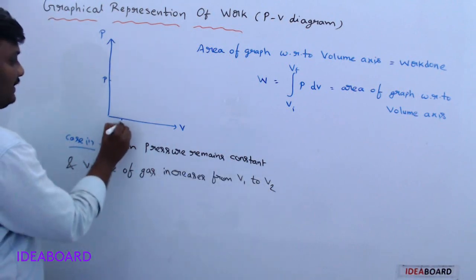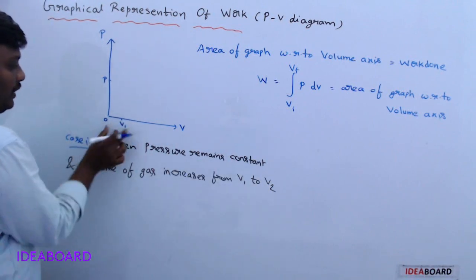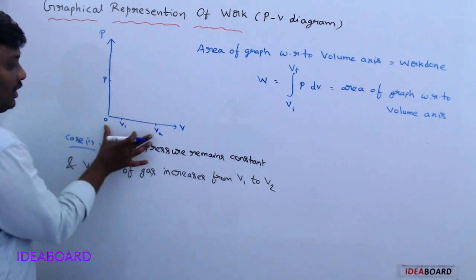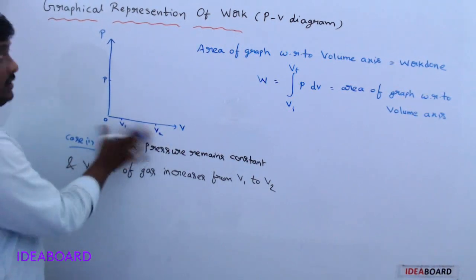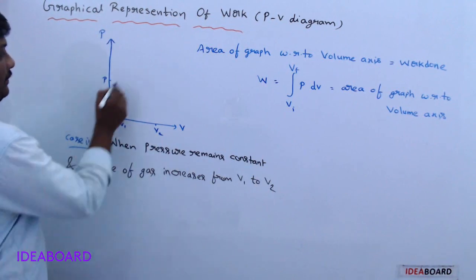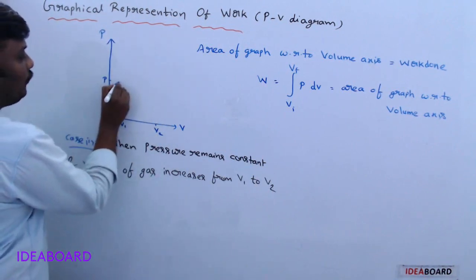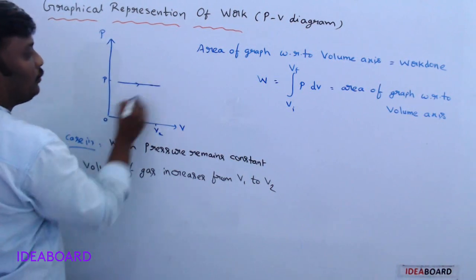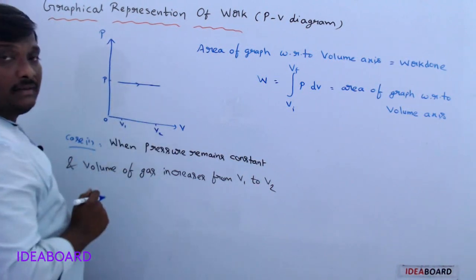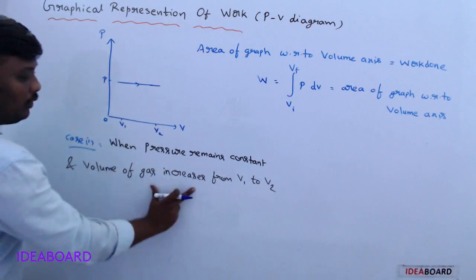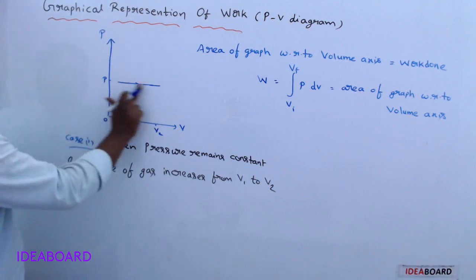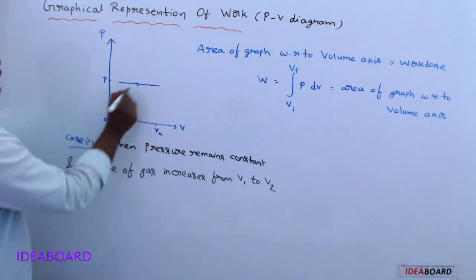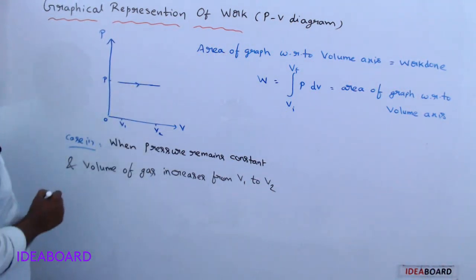Let us take this as V1, from here to here, and this is V2. Pressure remains constant, which means we get one straight line parallel to the volume axis. Throughout the process pressure is constant, but volume increases from V1 to V2, so the arrow is in this direction.